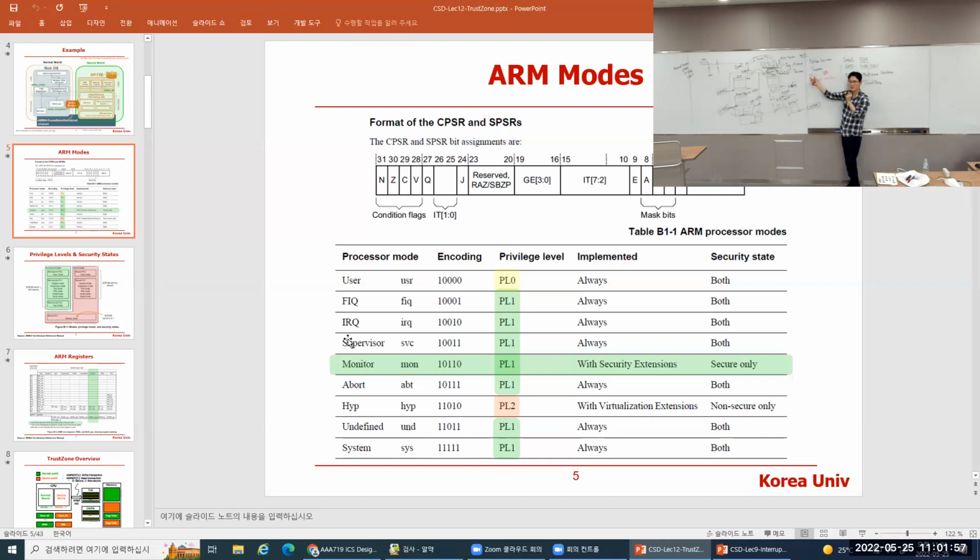It is like the SVC instruction, a software interrupt instruction, but you have to use the separate instruction SMC, secure monitor call. You want to go through this monitor. So you have to use the SMC instruction. And why do you want to call the SMC instruction? Two purposes. First one, task switching. Second, world switching.